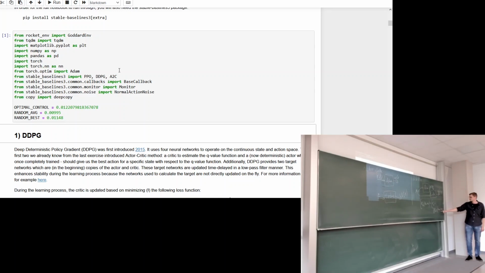This one would be Q of k plus 1, so to say. So yes, here we have U of k plus 1. Of course, we would need to know this as well, right? How do we come up with that? We just use the actor again. So it's just bootstrapping, basically, right? Here we would need to know which action will be taken in the next step.